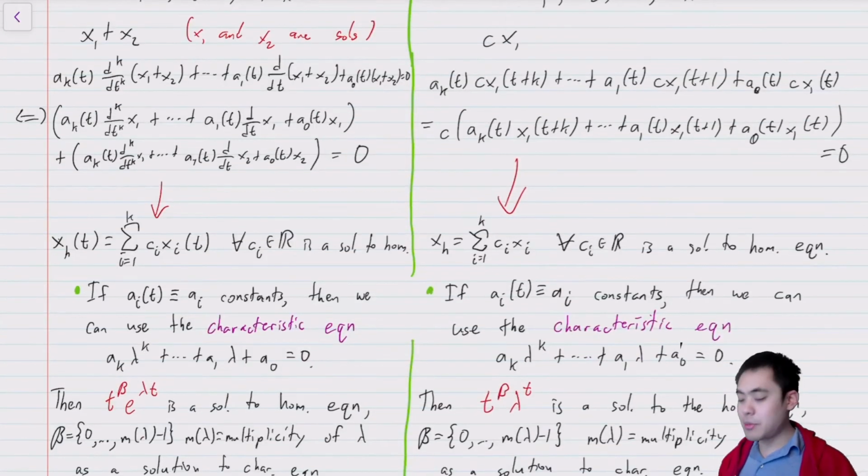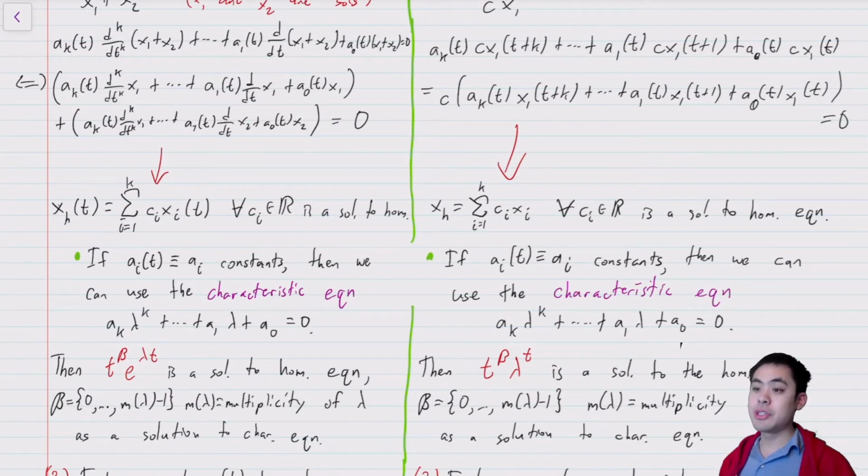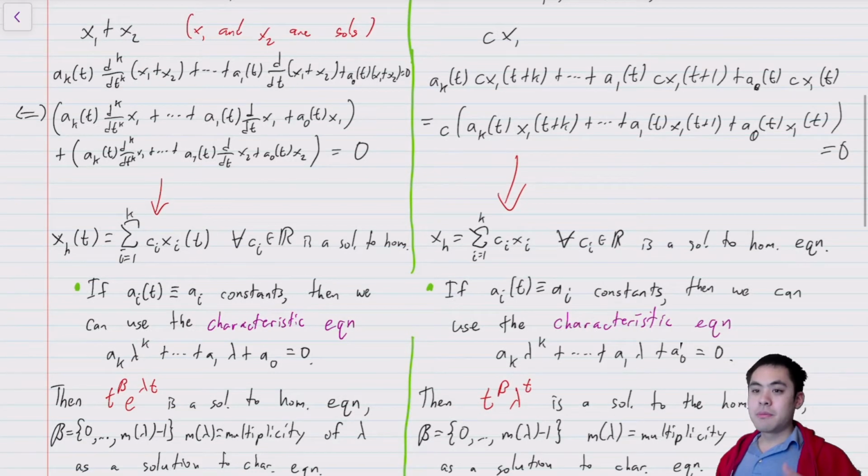You can take linear combinations, and that gets you a solution to the homogeneous equation. It turns out that a kth order linear difference equation, or kth order ordinary linear differential equation, has a family of solutions with k arbitrary constants. And so we know that this actually is a general family.